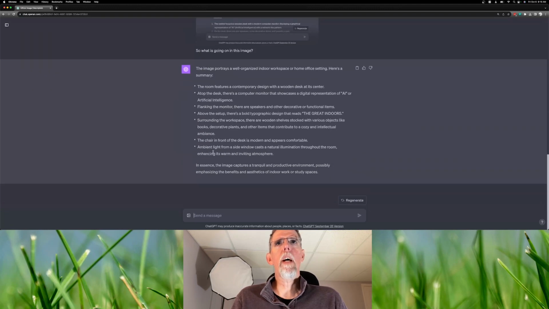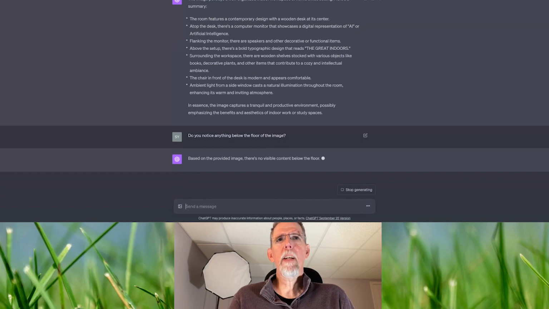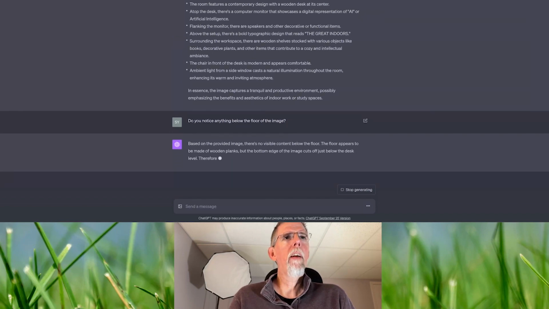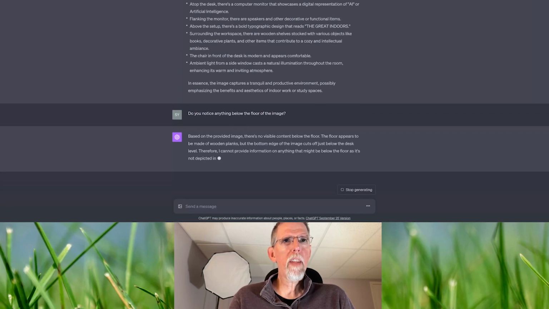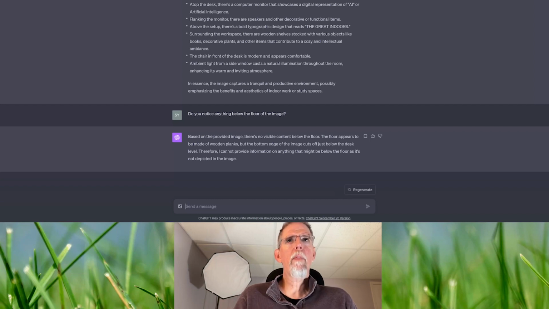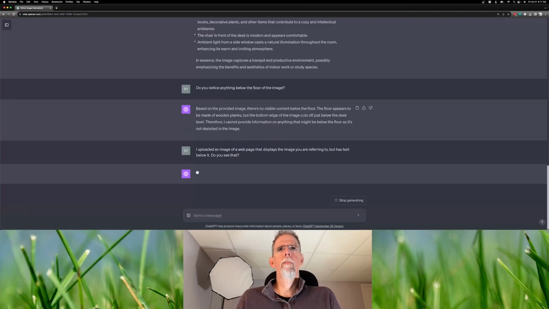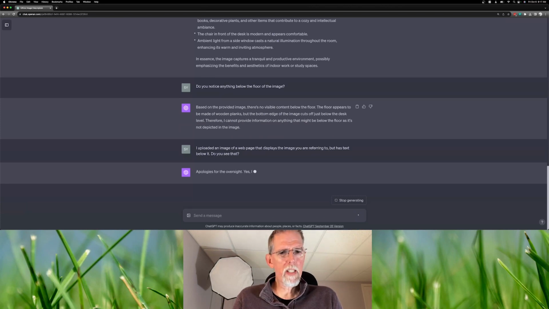Why would it ignore that? Based on the provided image, there's no visible content below the floor. Interesting. The floor appears to be made of wooden planks, but the bottom edge of the image cuts off just below the desk level. Therefore, I cannot provide... Whoa, interesting. It's almost like we're looking at two different images. I wonder if it's stuck on our first image and doesn't quite see the second image.